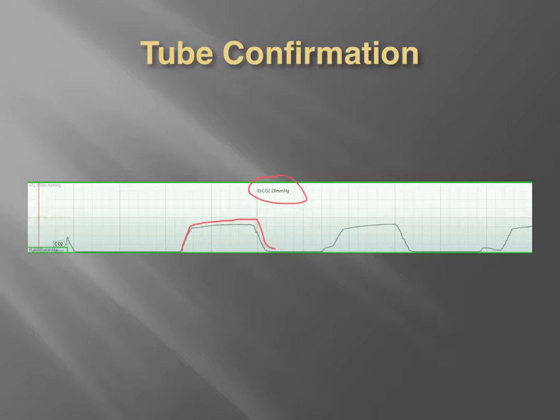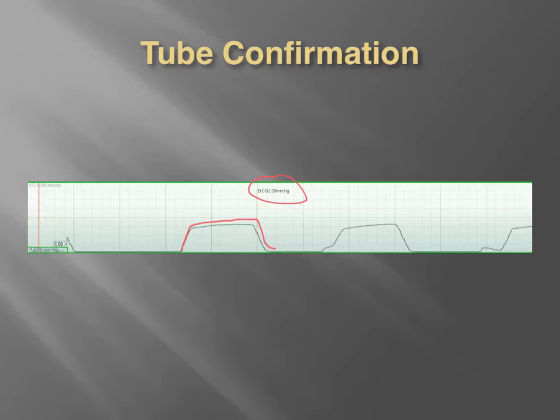Now that we see there's a normal waveform and the level is actually really good, we also want to look at the rate and regularity. Now mind you, we're bagging the patient here and we just got our intubation. So sometimes when we get our first intubation, we want to move quickly to listen to lung sounds to confirm that tube and get those breaths in, those 6 breaths especially. So our ventilatory rate is actually a little quicker here than it needs to be.